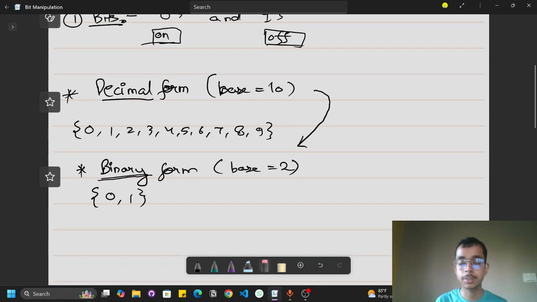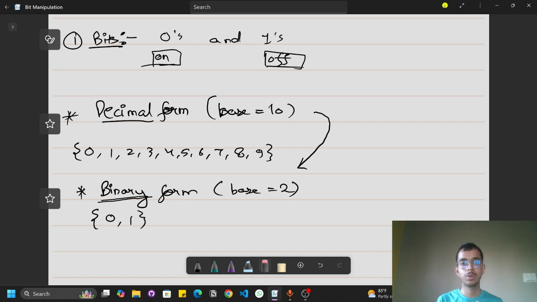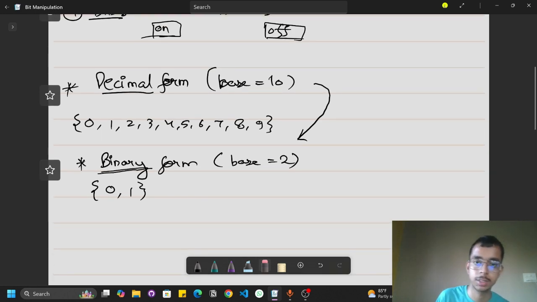But there are some really cool operations which we can do on these numbers, on these bits, on these binary numbers, which can result in very good results which we can use anywhere in our programs.